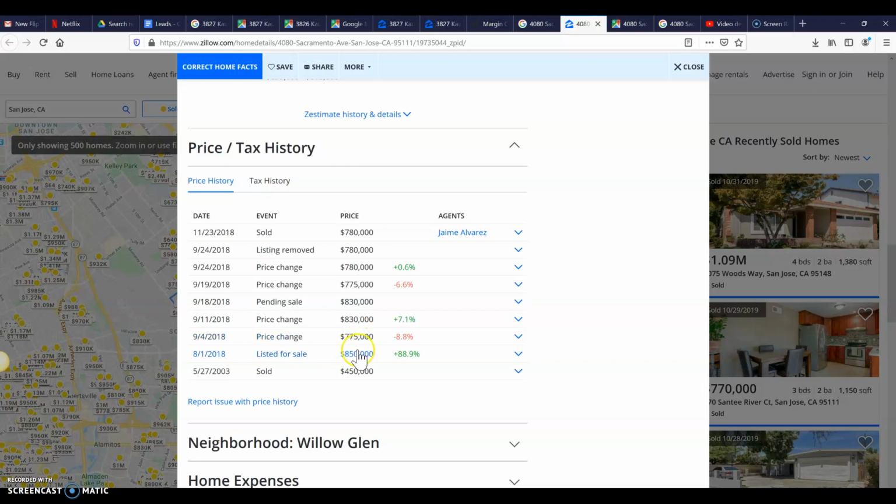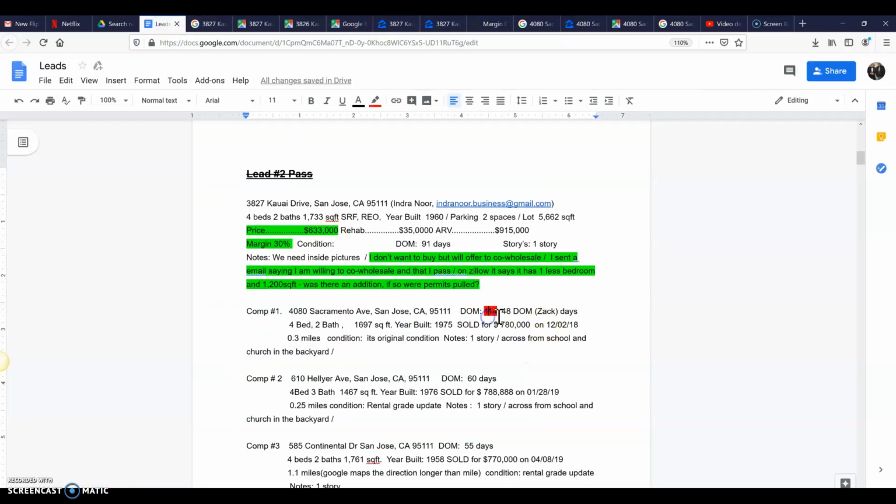And there's other reasons why I think this happened, and I'm not going to go into details because the purpose of this is to figure out days on the market. It was listed for sale at $850,000. It sold at $780,000. The days on the market was 48 days. This is something that we need in our notes when we're running comps. Okay. So it's 48 days on the market.